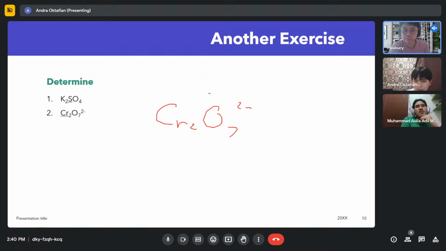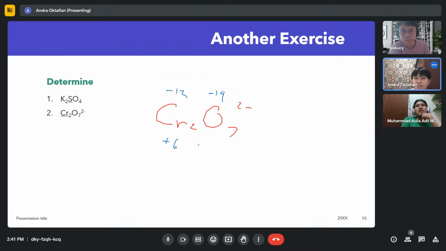If we sum the Cr2 with the oxygen, it should result in minus 2. So the Cr2 must be minus 12, and then we divide it by 2, so the chromium should be plus 6.